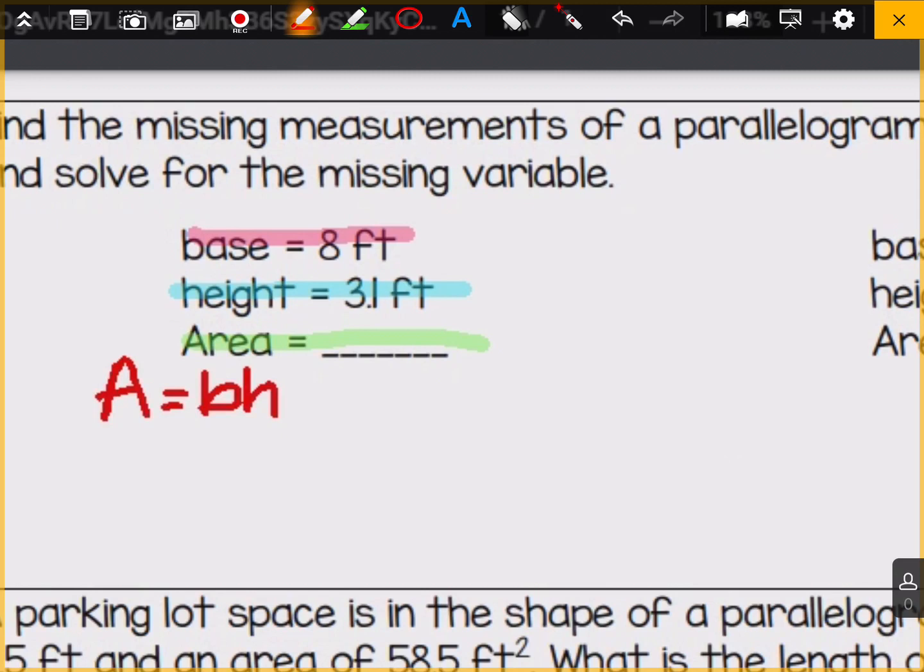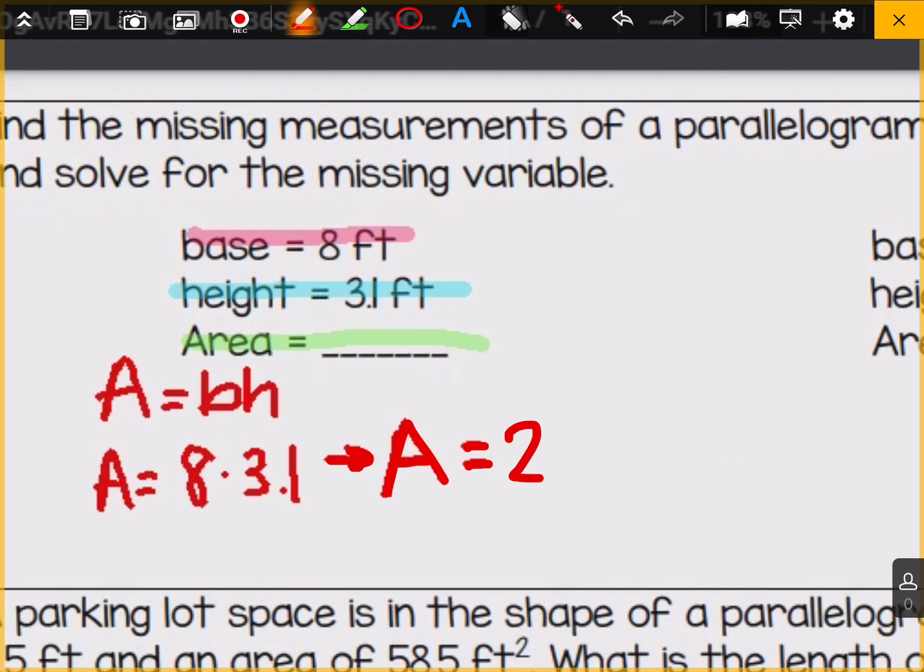So base times height. So I'm going to replace the B with 8 and H with 3.1. A equals 8 times 3.1. When I multiply this out, I'm just going to do it over to the side, I find that my area is 24.8.